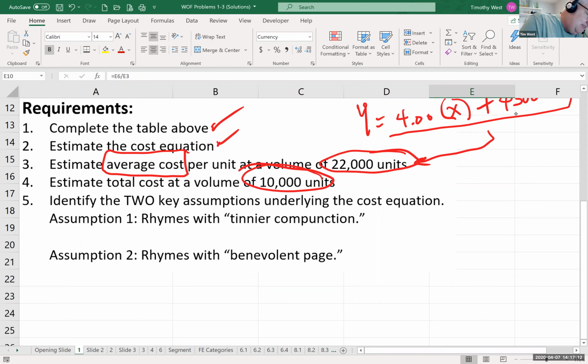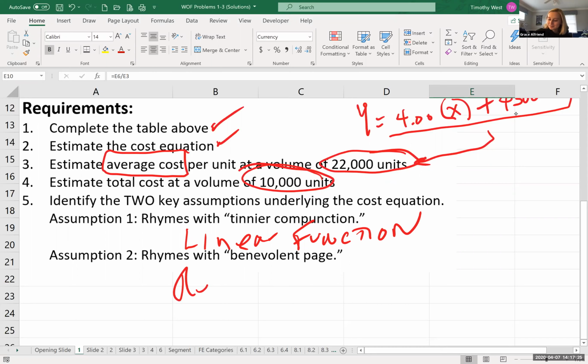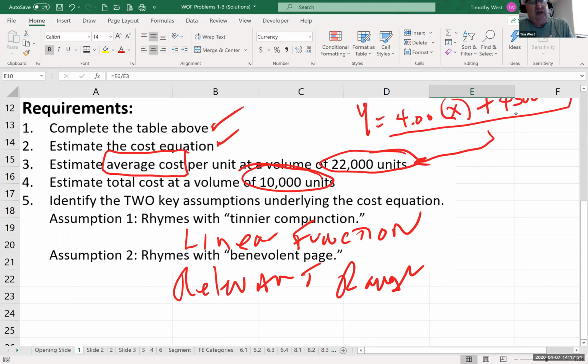It is linear function. Congratulations, you win a prize. And the second is relevant range. As Matt just pointed out, relevant range is going to play a big part in here.